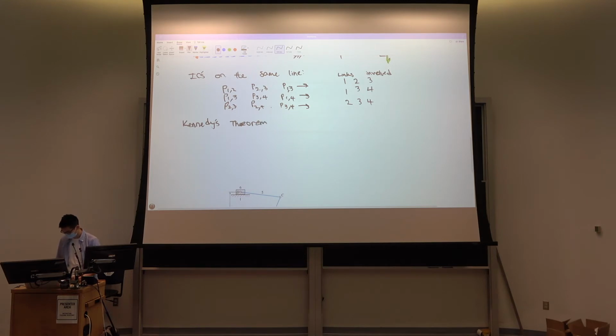So Kennedy's theorem is that for any 3 links, the 3 ICs associated with those links lie on the same line.